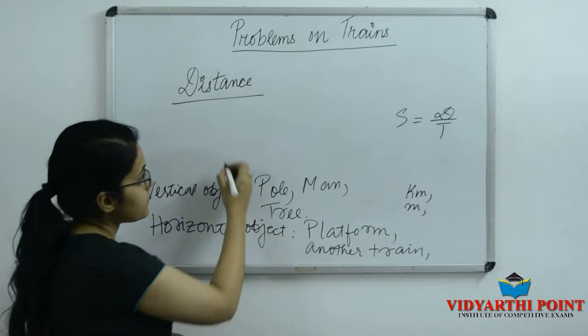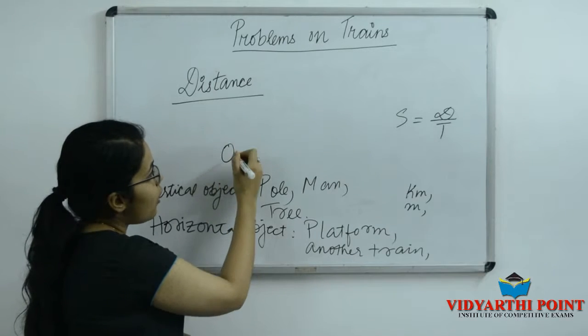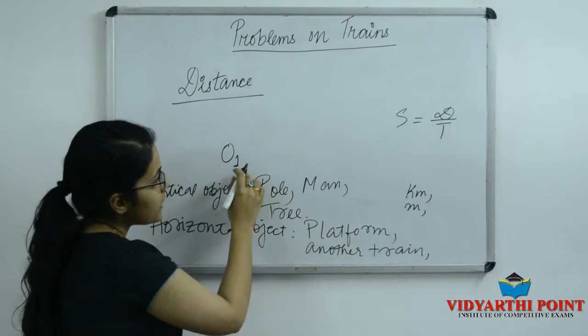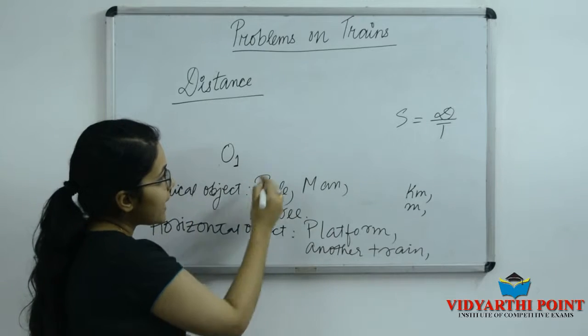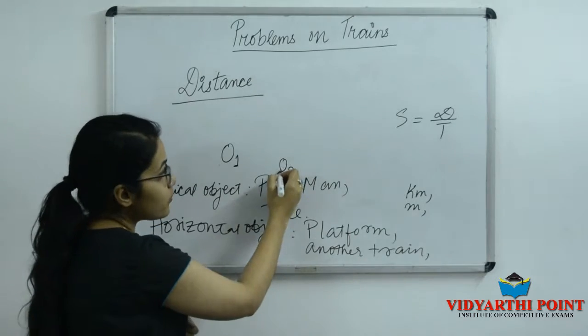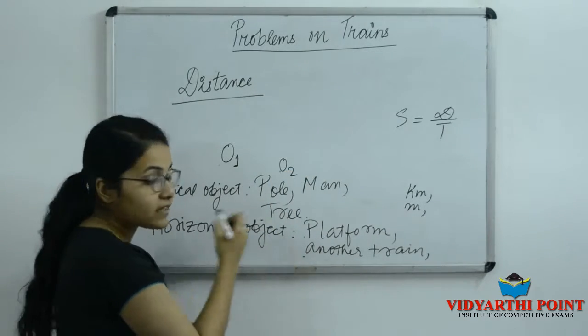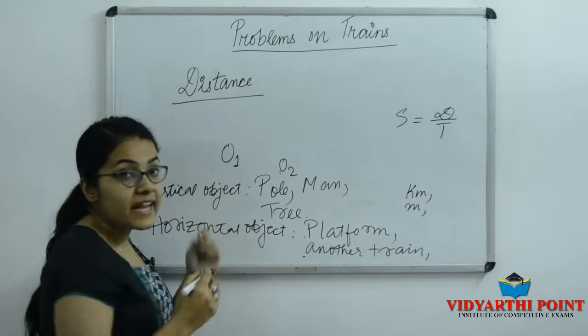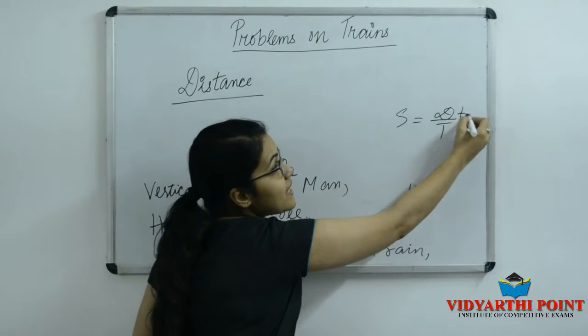That is, if object 1 crosses a pole, then the length of object 2 will not be added. But if object 2 is a platform or another train, then here the length will be added to the distance.